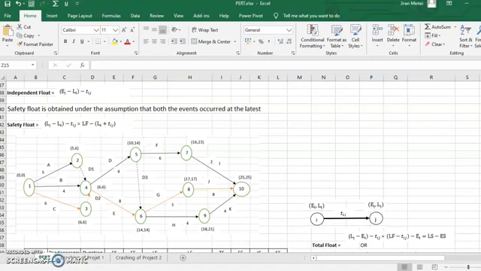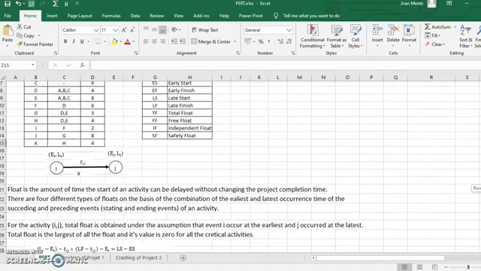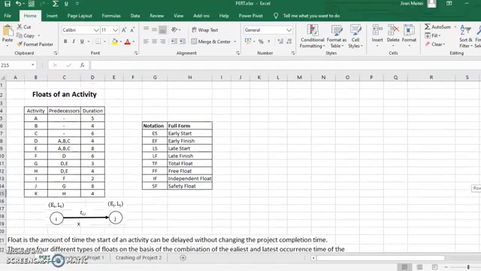And what about the various types of floats? You are going to have a total of 4 different floats, and these will be because of the combination of these numbers over here. If you combine EI and EJ, you'll have one float. If you combine EI with LJ, you will have another float. LI and EJ will give another float, and LI and LJ will give the last float.